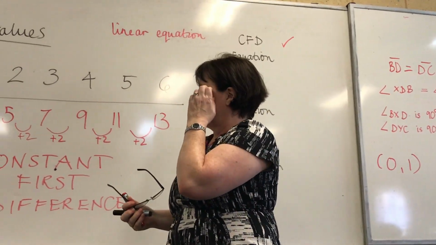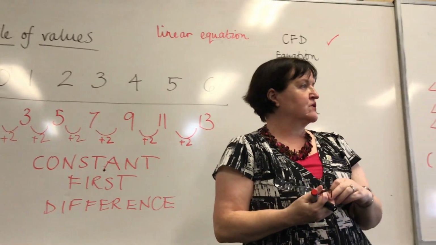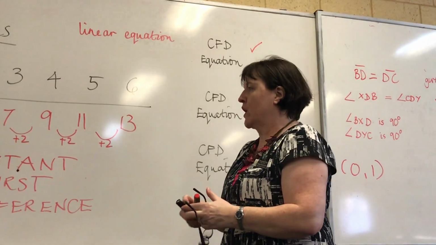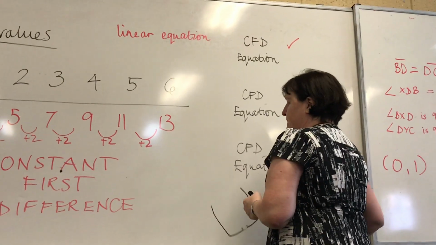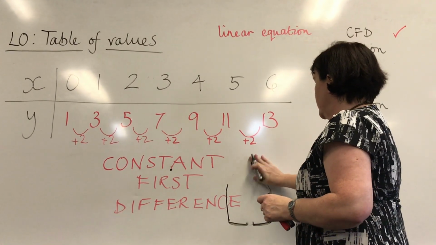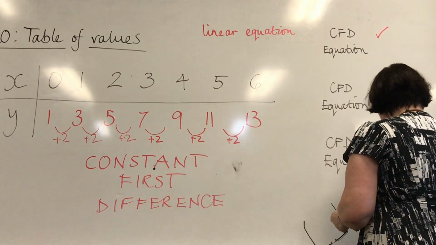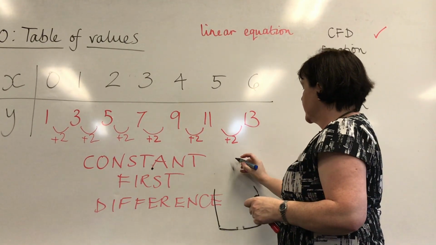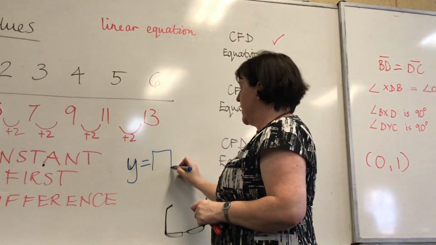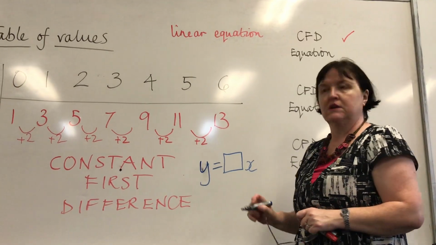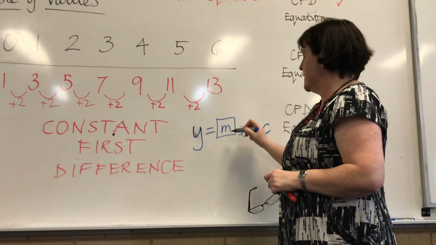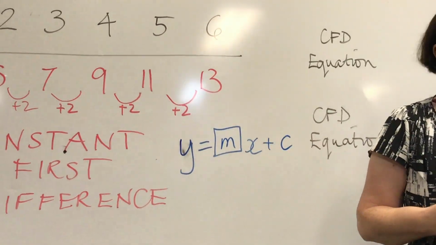Now, can anyone work out what the equation for that line is? Do you remember, we always write it like this: y equals m times x plus c, where m is how much you're multiplying by.